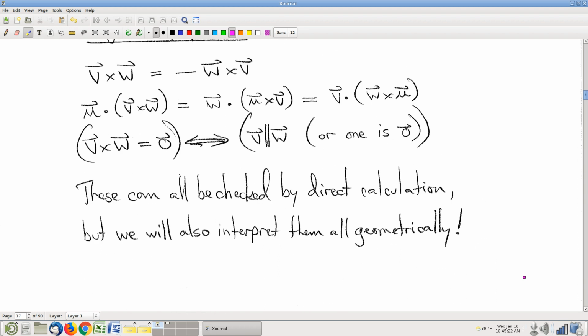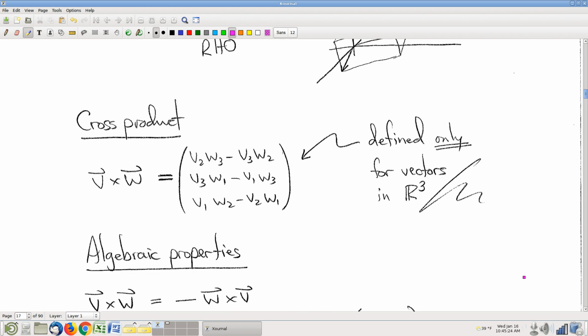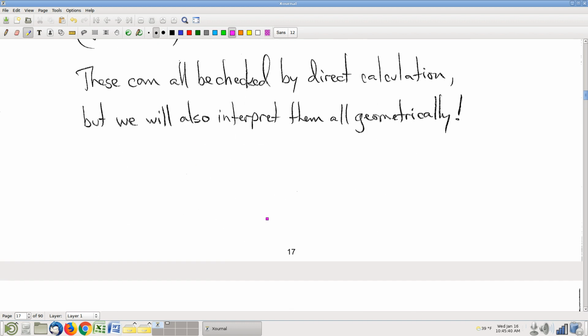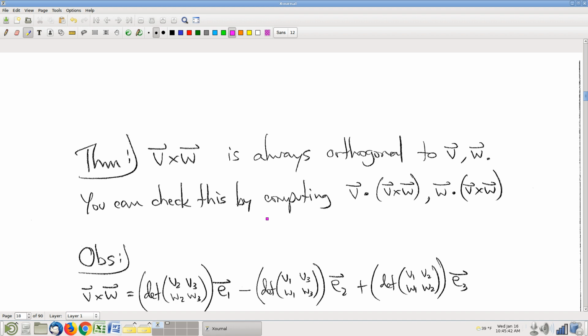Let's go back to the formula for cross product. Here it is. Notice that these coordinates individually all look like little 2x2 determinants. They have the same structure, ad minus bc. So let's just write it like that. Coordinates all listed as 2x2 determinants.